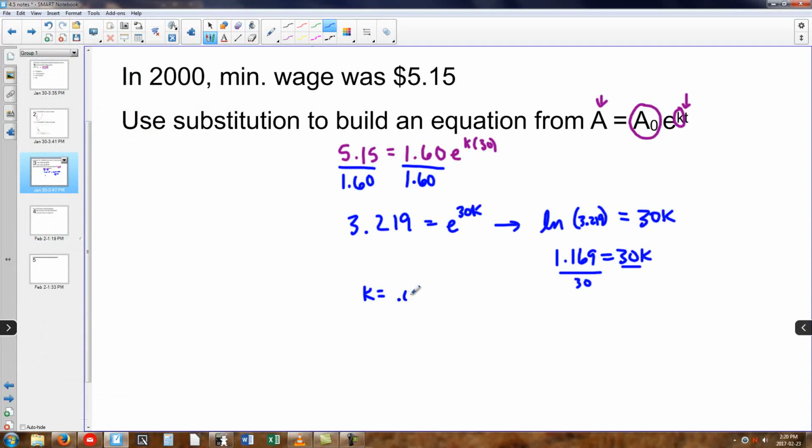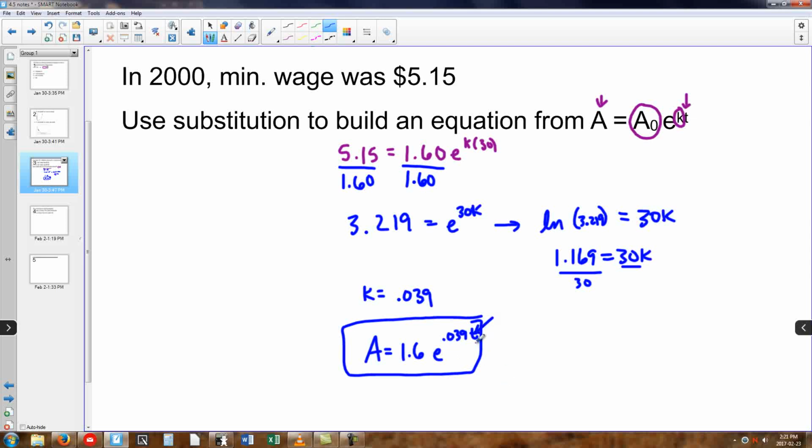So we're going to say it's 0.039. So my equation is actually going to be A equals 1.6 e to the 0.039t. So there's our equation that we've just built, and we might be interested in knowing what would the model say about today, our time.